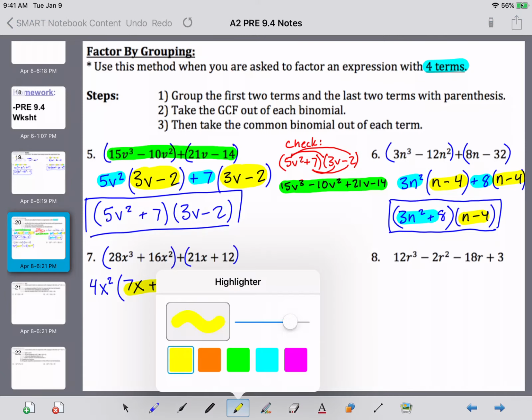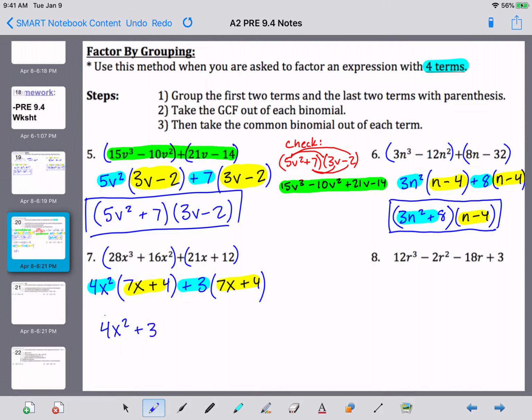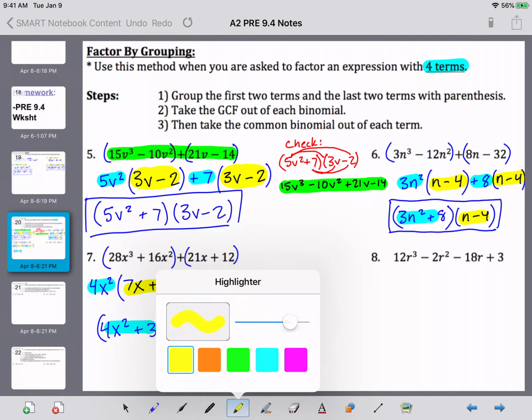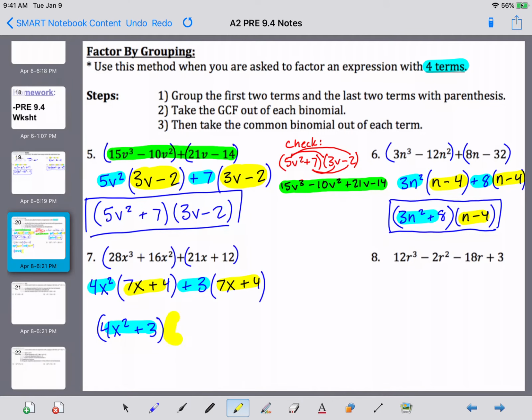So now we can take our 4x squared plus 3, pull that into a group at the front. All right, that's our front group. And then we can take and repeat our 7x plus 4 at the back. So that is the factored form of that polynomial.